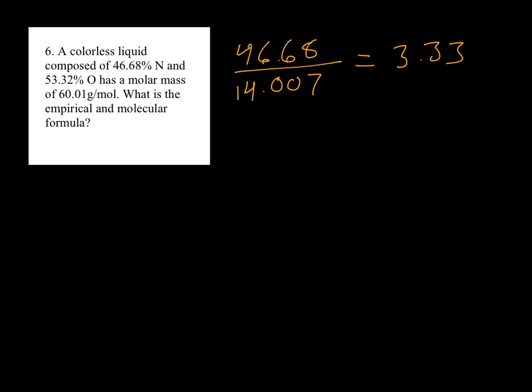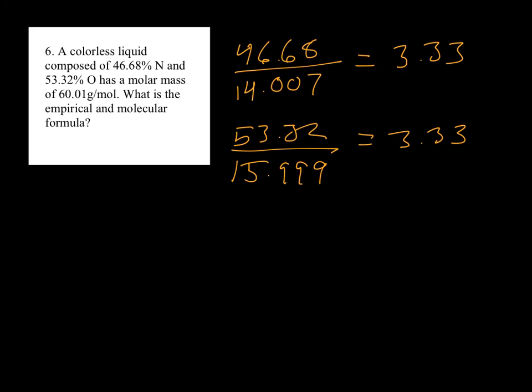And then for the oxygen, I do 53.32 and divide that by 15.999, and that gives me an answer of 3.33 as well. So then I'm going to divide by the smallest, which is 3.33 for both of them. So that means each of those equals 1.